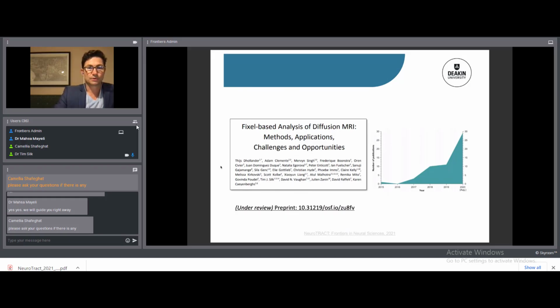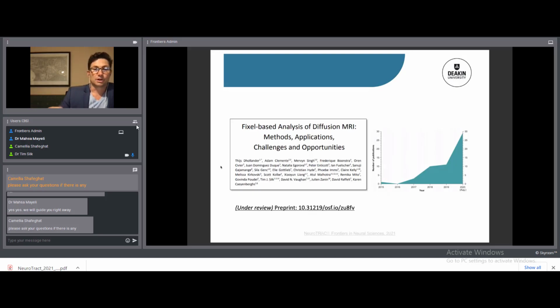If you're interested in finding out more about this particular technique called fixel-based analysis, I've just been part of a team that's done a comprehensive review on it. It's only been around for a couple of years now, and you can see on the right-hand side the number of publications using this technique is really increasing. There were 57 papers included as part of this review, in different areas of brain injury, development, adult, psychiatric, normal development.